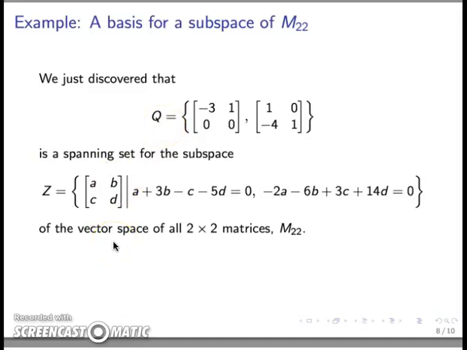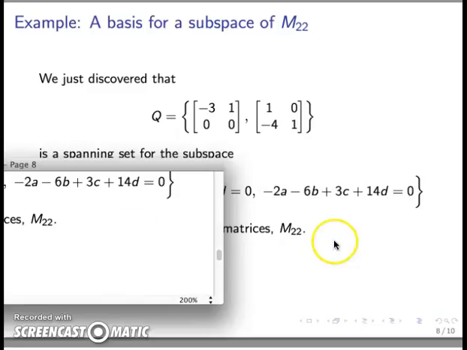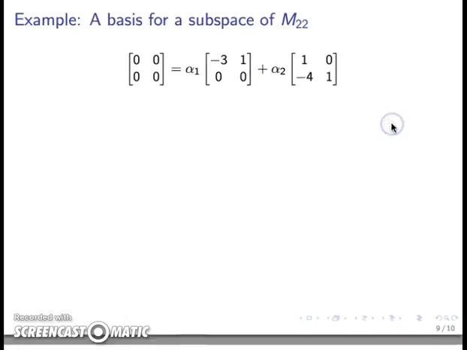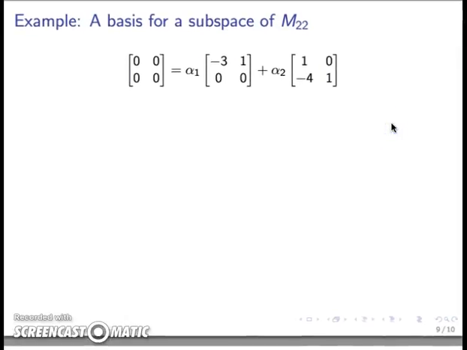But it remains for us to address: is this set Q a basis? To answer that question, we need to address linear independence. Linear independence is addressed by writing a relation of linear dependence, which in this case would look like 0 equal to the linear combination, where alpha 1 and alpha 2 are scalars, of the elements of the set.